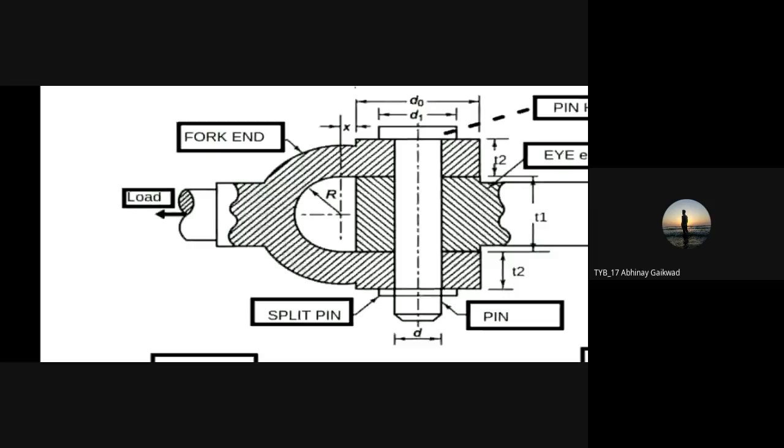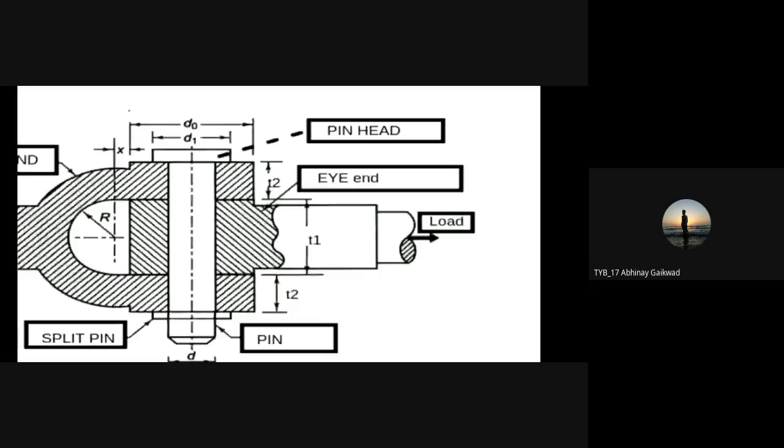D1 is the diameter of the pin head. Then D is the diameter of the pin which is inserted between the double eye and single eye. Then on the other side, T2 is the thickness which has been provided to the fork end.